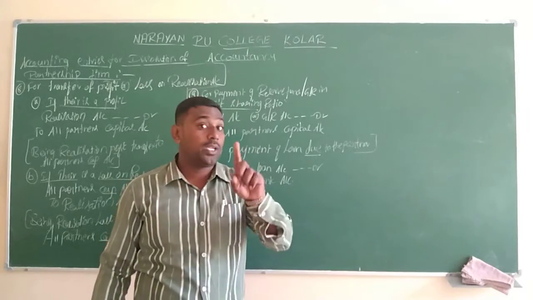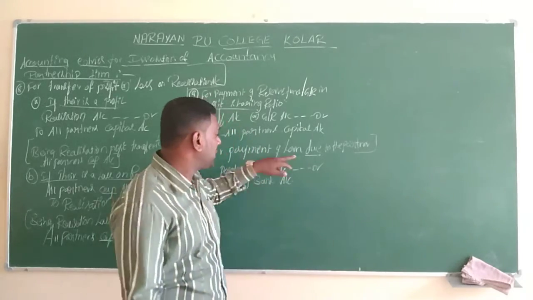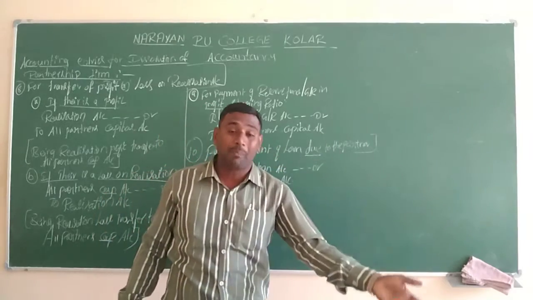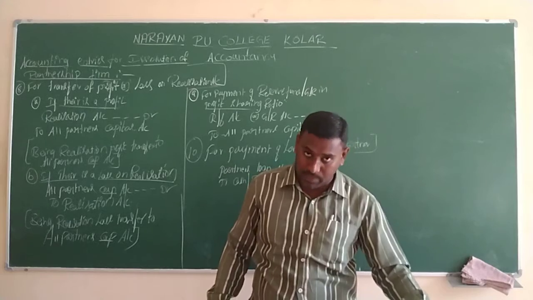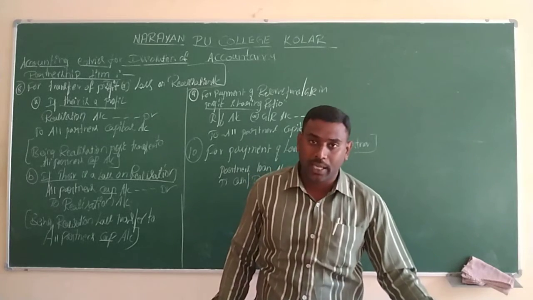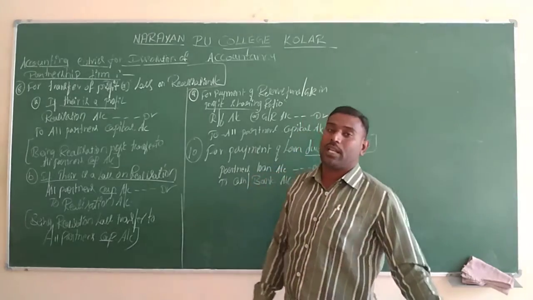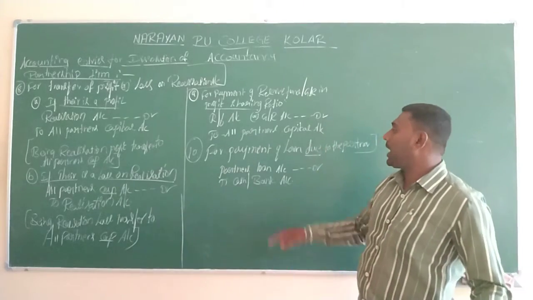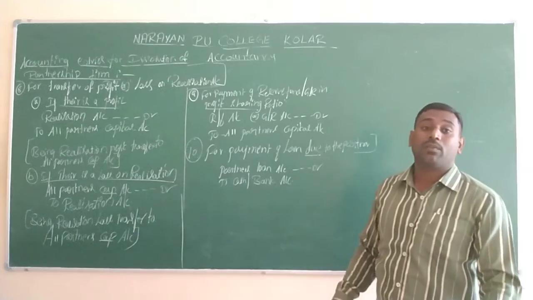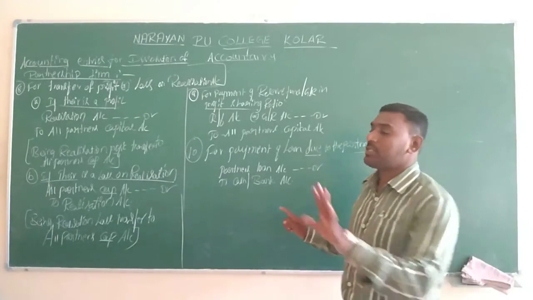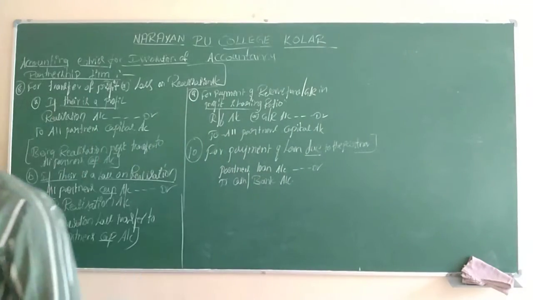Are you got it? But if the loan is in the name of a partner, it is not a liability; it will be considered under the partner's capital account only.